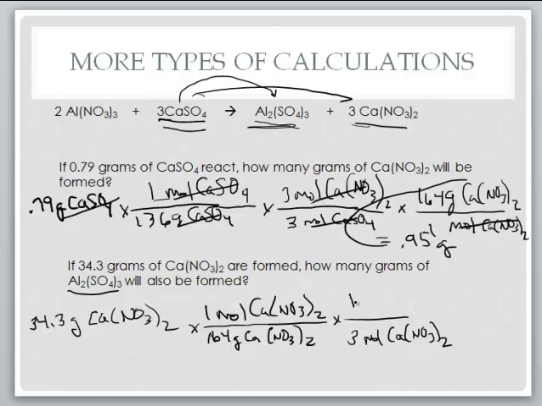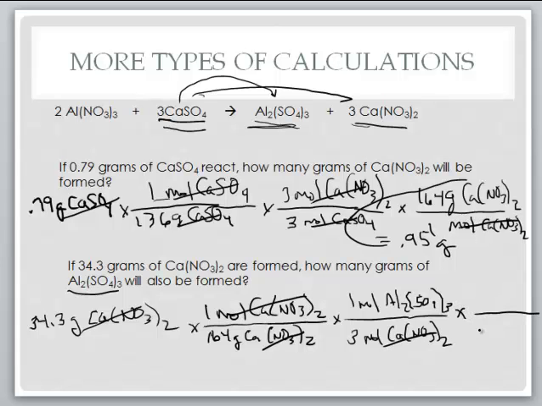So we have 1 mole aluminum, getting a little sloppy, sulfate, grams cancel, moles cancel. We have moles of aluminum sulfate. Let's convert that to grams. 1 mole aluminum sulfate in terms of grams, and I can't squeeze that in there, so I'll just write do the calculation.